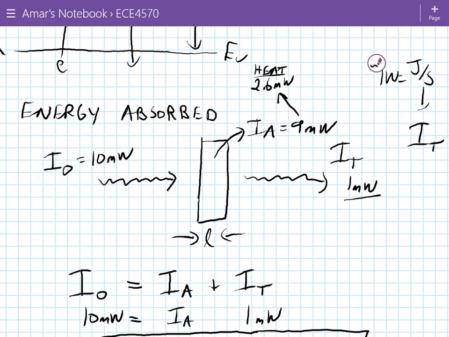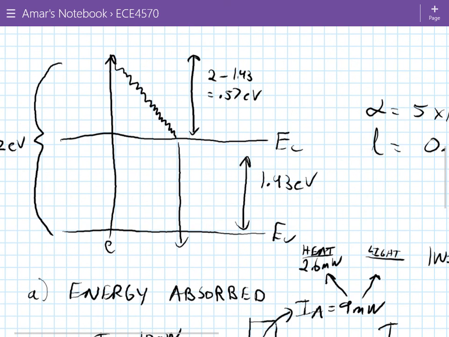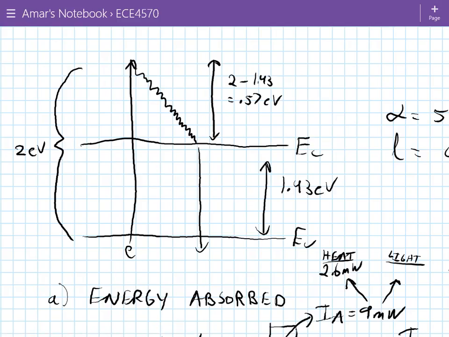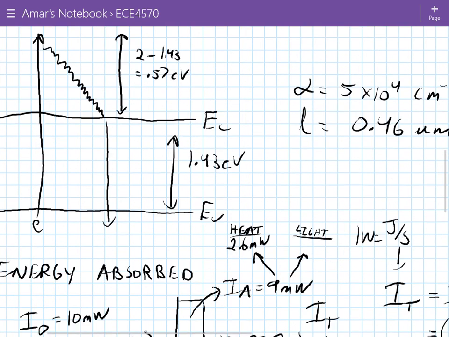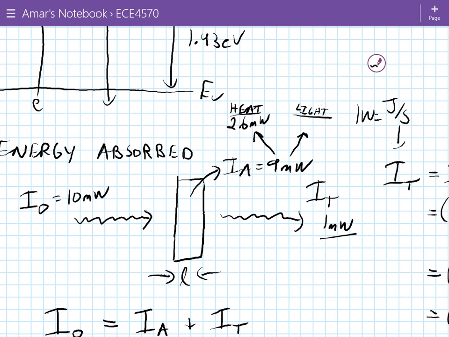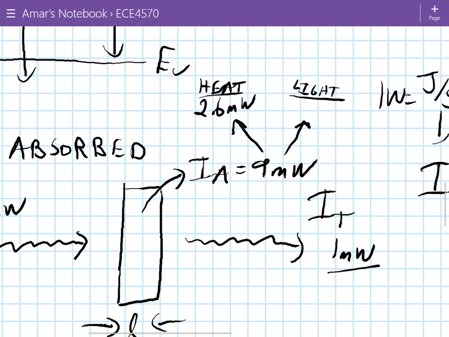And of the 9 milliwatts, the remainder is converted to light. Because each electron loses some of its energy to heat and some of its energy to light. So out of 9 milliwatts, if 2.6 milliwatts is being converted to heat, the remainder is being converted to light. So this will be 6.4 milliwatts is being converted to light.